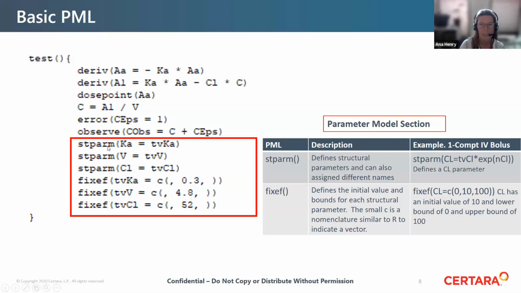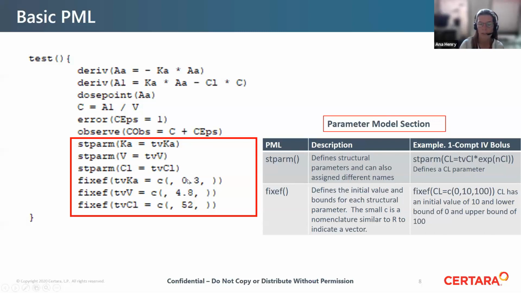But the statements here define the structural parameters, so this can have more things to it. Here is where we put the etas, where we put the covariates, and what you're probably going to be looking at in your PML code to see how you're entering those covariates into the model. And then the fixed effect statement is used to identify the initial values and maybe some bounds if you want that.